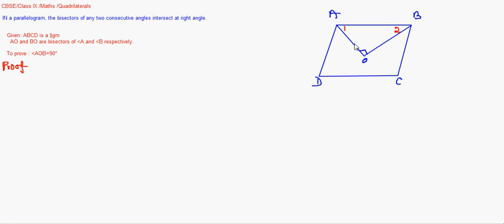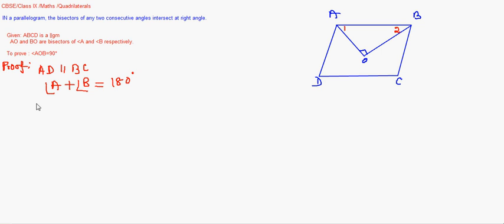Thereby, angle A plus angle B, that is the interior angles on the same side of transversal, are supplementary, and that makes it 180 degrees.